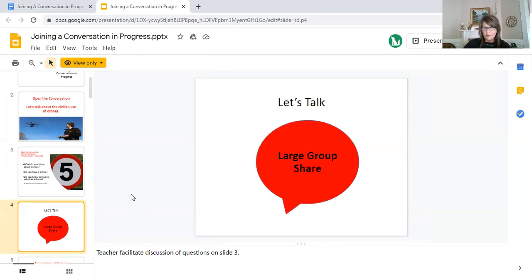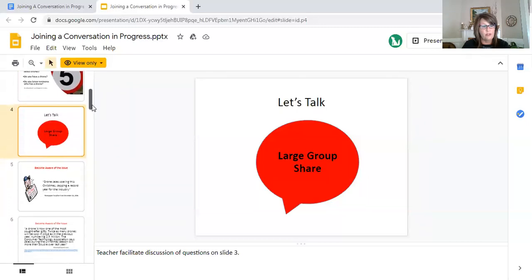So turn to a partner if you're doing this in a physical group of people and share. And in the classroom, you would have your students turn to one another and maybe share out just what they already know about drones, if they have one, or if they know someone who has one.